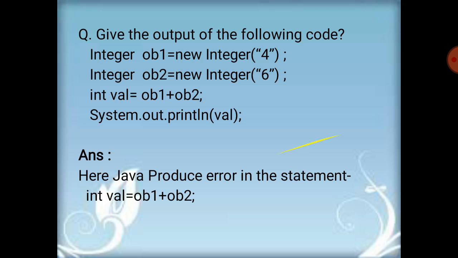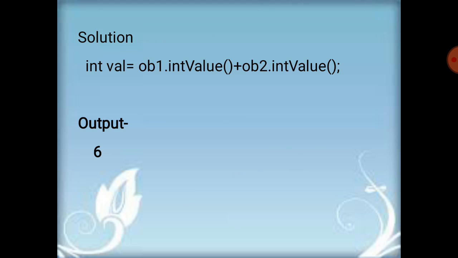The solution to the problem is that we replace the statement with int val = ob1.intValue() + ob2.intValue(). Now the intValue method converts the value of ob1 to its primitive value. Then the addition is possible and the output is 10.